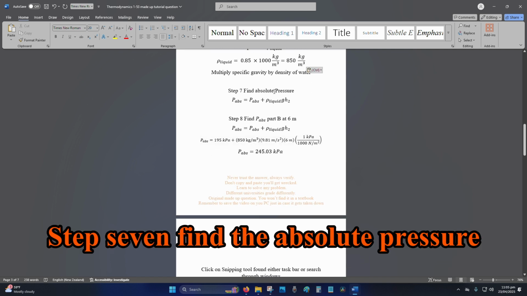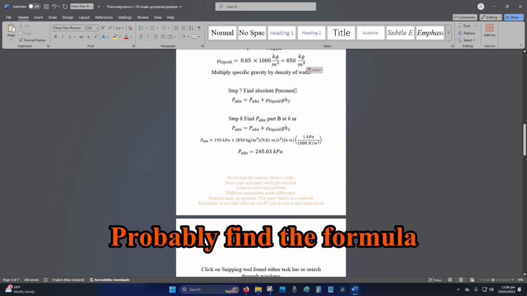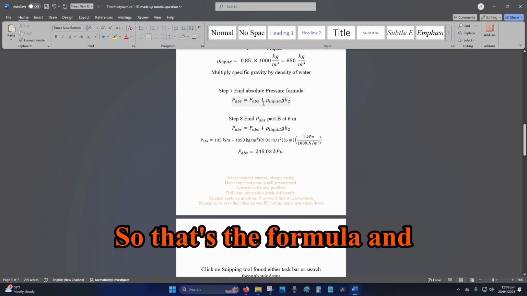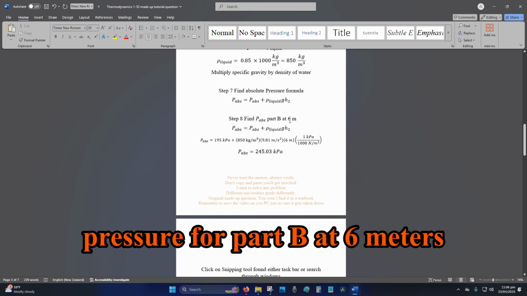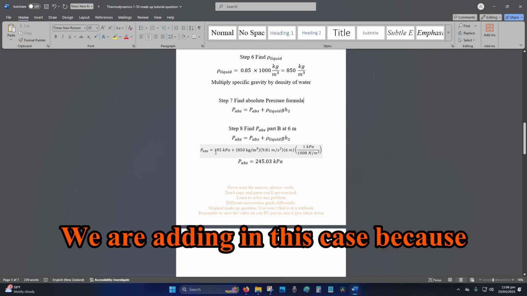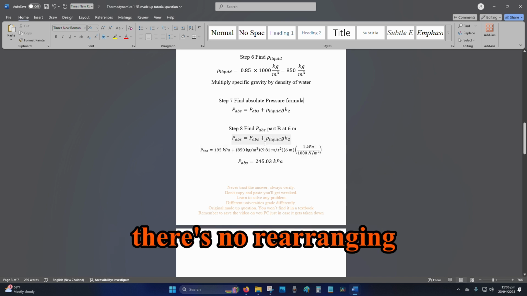Step 7, find the absolute pressure. So probably find the formula. So that's the formula. And step 8, we just find the absolute pressure for part B at 6 meters. So once again, we are adding in this case because the formula is as is, there's no rearranging.